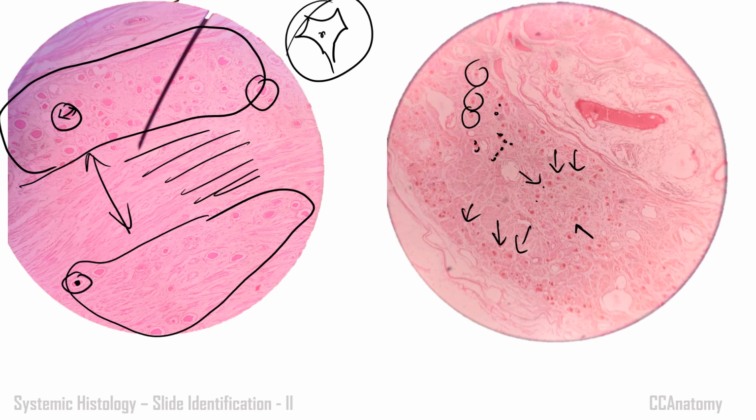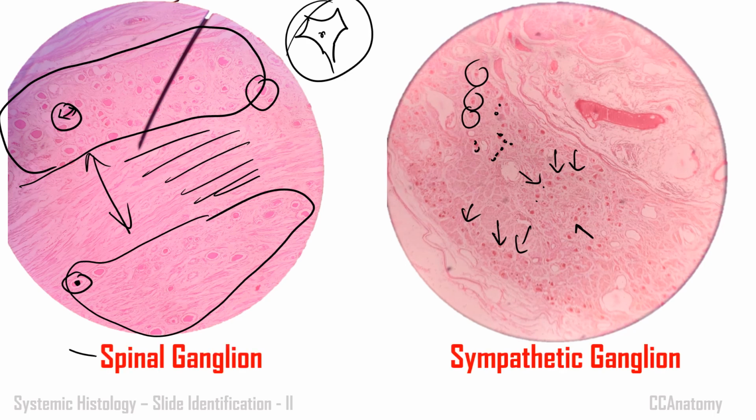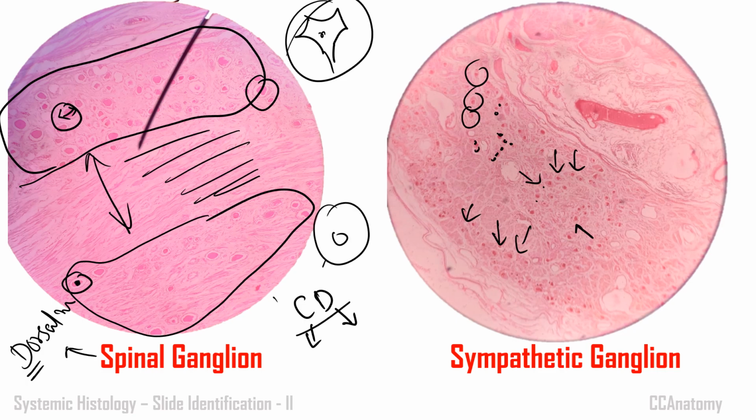This is a spinal ganglion, and this is a sympathetic ganglion. Spinal is otherwise known as dorsal root ganglion. The mnemonic I use to remember is CD: central nucleus in dorsal root ganglion. You know that CD? Okay, CD, central nucleus in the dorsal root ganglion.